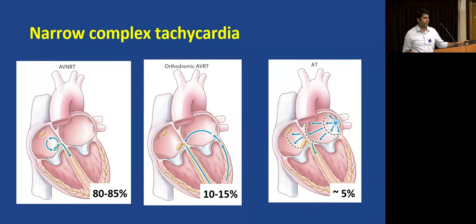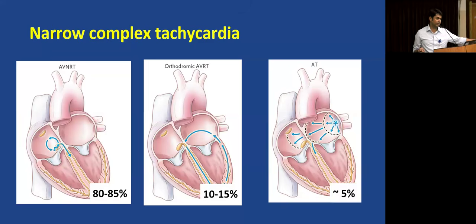So what does antidromic tachycardia produce? Does it present with narrow complex or wide complex? It has to produce wide complex because the activation of the ventricle is through the pathway, not through the normal conduction system. So antidromic tachycardia will present with a wide complex tachycardia. So it's not a differential diagnosis of a narrow complex tachycardia, whereas orthodromic AVRT is.